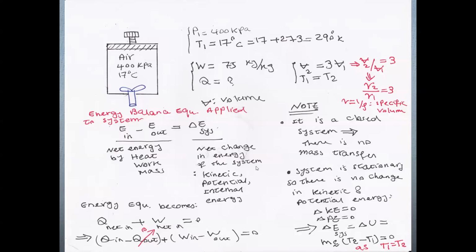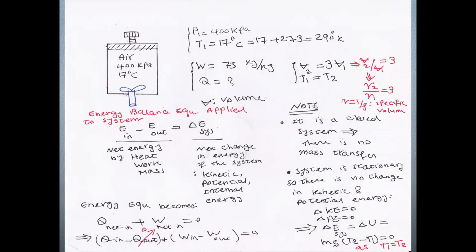And we learned that for air, it is m Cv delta T, right? The change in internal energy for gases is m Cv delta T. That's capital U. Capital U means for the whole system. So it's m Cv (T2 minus T1). If it was lowercase u, it would be Cv (T2 minus T1).